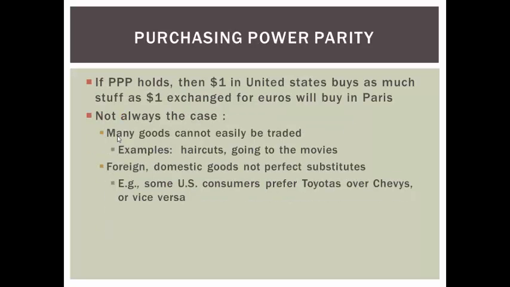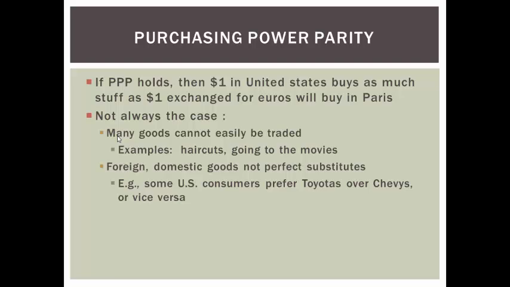The final thing we're going to discuss in this chapter is purchasing power parity. A lot of times you'll see it named as PPP. You probably read about this already in the book, but what does purchasing power parity mean? If purchasing power parity holds, then a dollar in the United States should buy as much product as $1 exchanged for euros will buy in Paris.